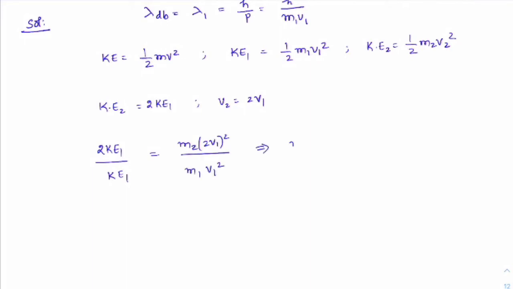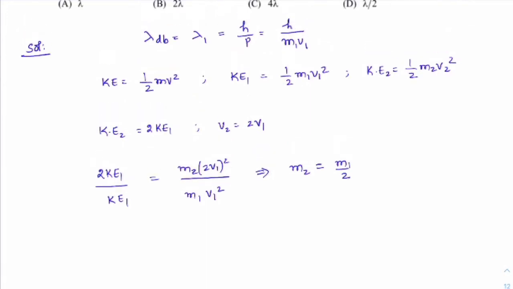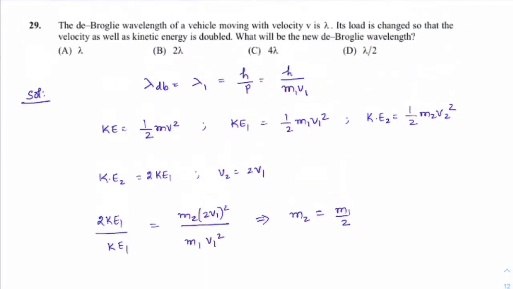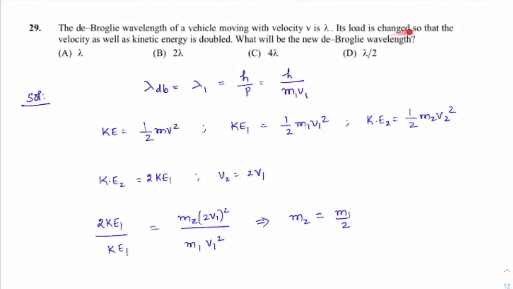So you can see from here I can figure out m2 would be equal to m1 by 2, as the rest all get cancelled here. So mass has actually become half of it, correct? If the load changes so that velocity is doubled, this new load is half the mass of what the original was given.